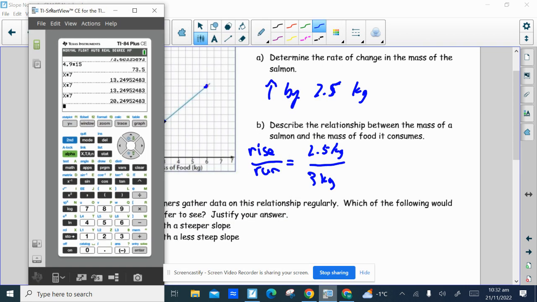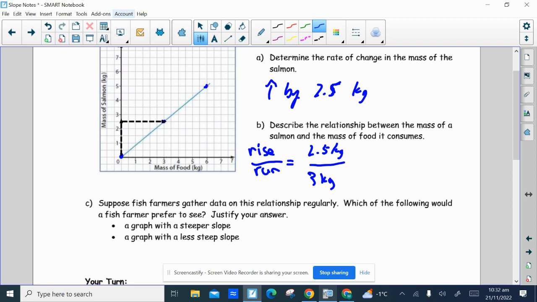If we divide those two numbers, 2.5 divided by 3, it's a decimal, 0.83 repeating. So if we interpret what it means, it's kilogram of fish per kilogram of food. The slope is increasing.